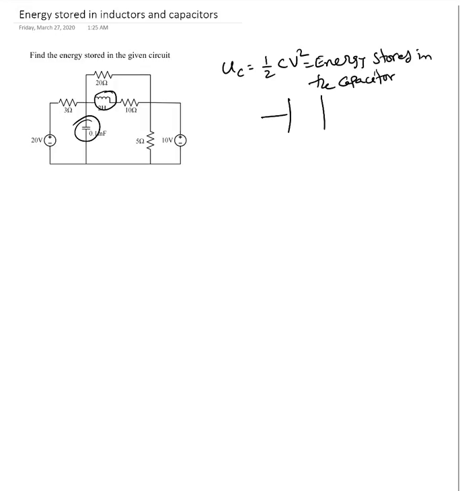If you have a capacitor, there is always an electric field between the two plates. That's basically physics, so don't worry too much about this at this point. You must know these things from physics. And the energy stored in the inductor is half Li squared.